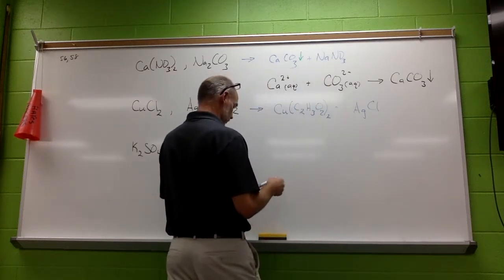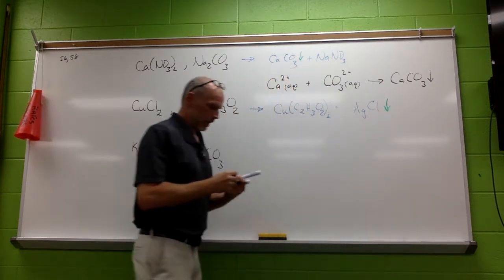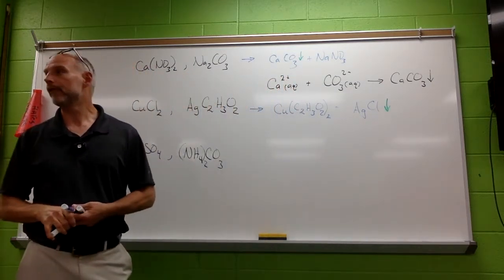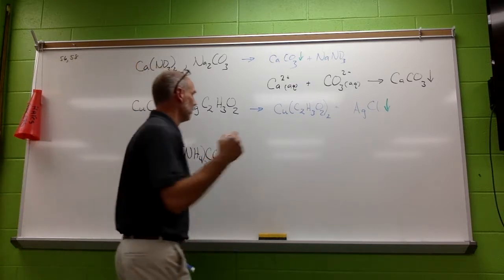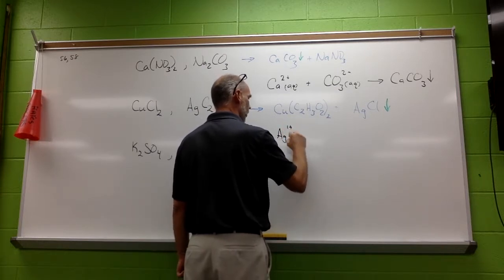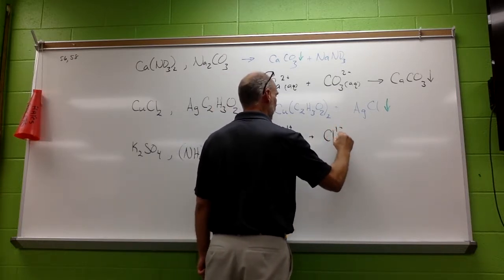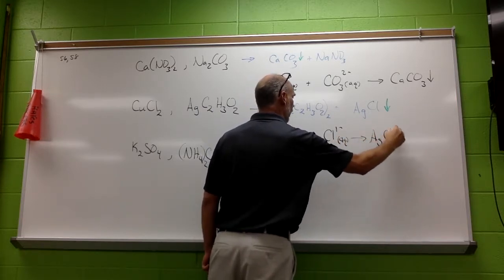So, what would be the net ionic equation for this precipitation? Silver ion plus chloride ion yielding silver chloride.